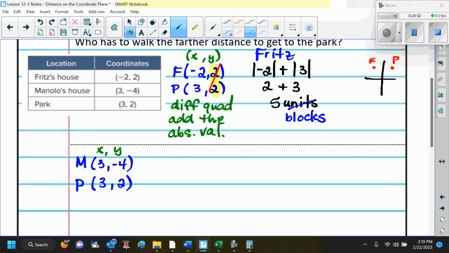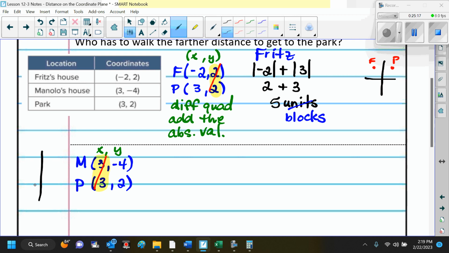The coordinates that are the same for Manolo's house is the x, okay? So we're not going to use the x to calculate. We are going to use the y to calculate, okay? Now, we need to know, are we in the same quadrant or are we in different quadrants?